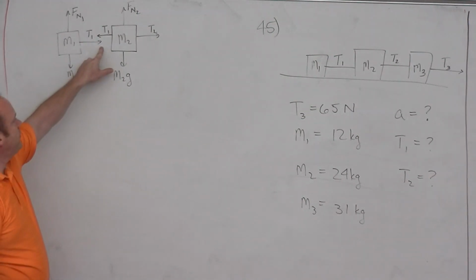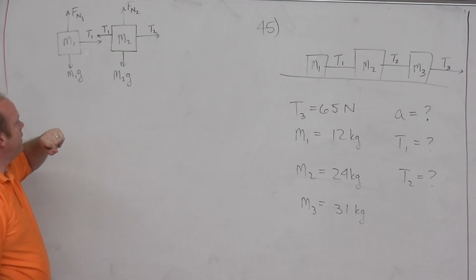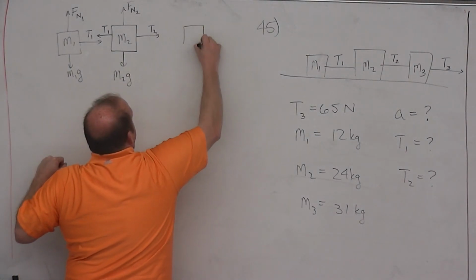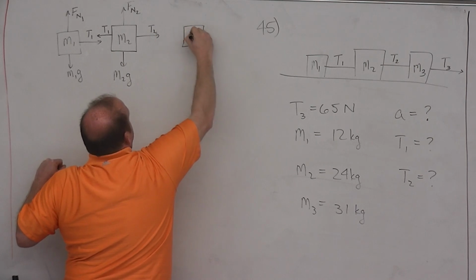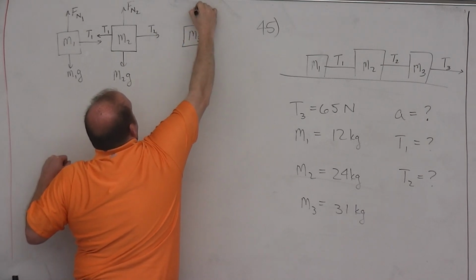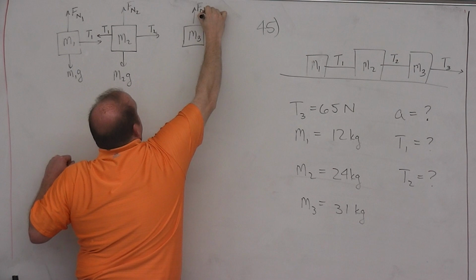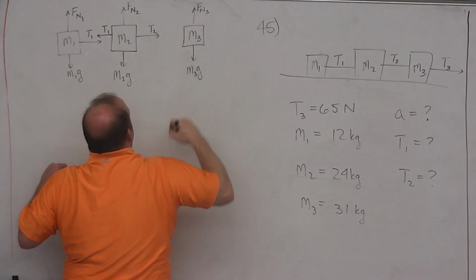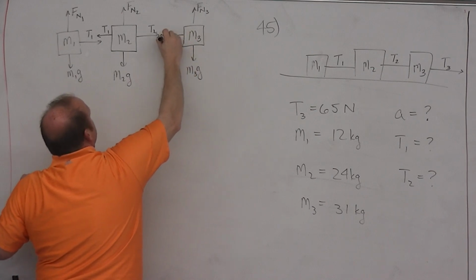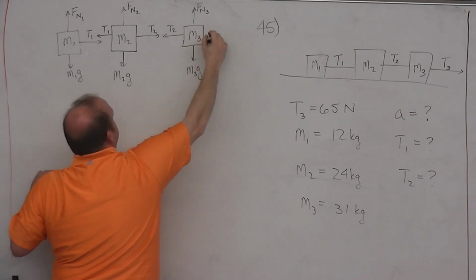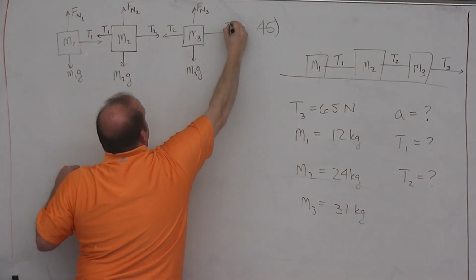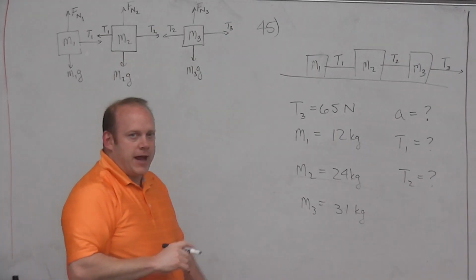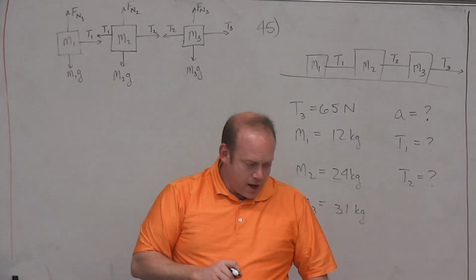T1 pulls to the right, and it pulls to the left over here. Same idea with mass 3. My normal force goes up, I've got gravity, M3G goes down. T2 is pulling back, same in this direction. T3 pulling in that direction. Now, that's the full free body diagram.